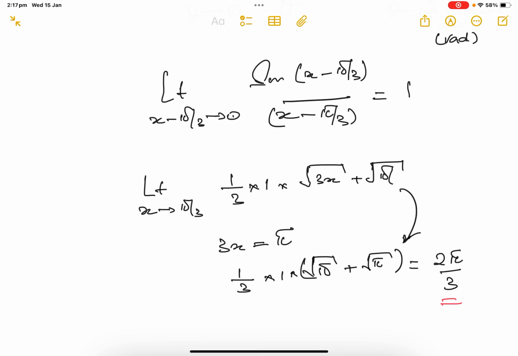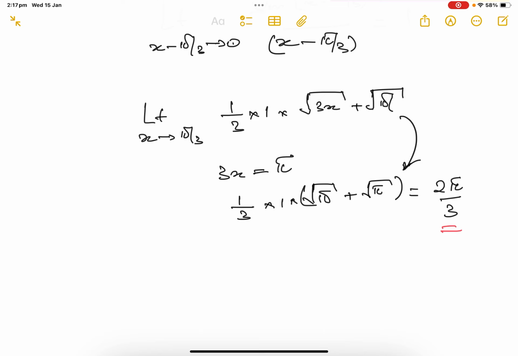I took 3 out before, so 1/3 times 1, then root 3x plus root pi.